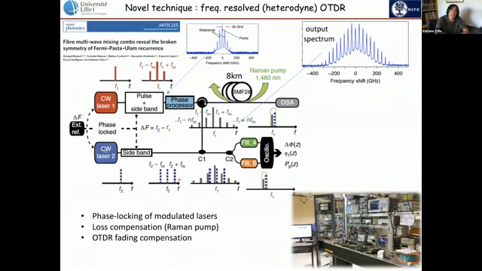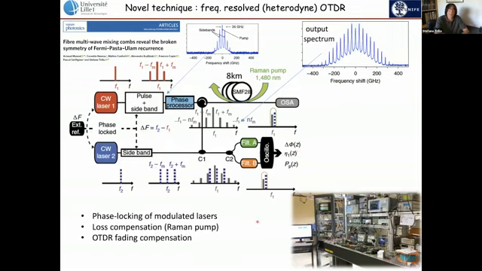You modulate at the same modulation frequency, and then at the output of the backscattering, you do what is called heterodyning in optics. You beat the output of your fiber, at each distance along the fiber, so you can reconstruct completely the evolution along the fiber with this new frequency, and you can extract the phase and the square modulus, which is power in optics.